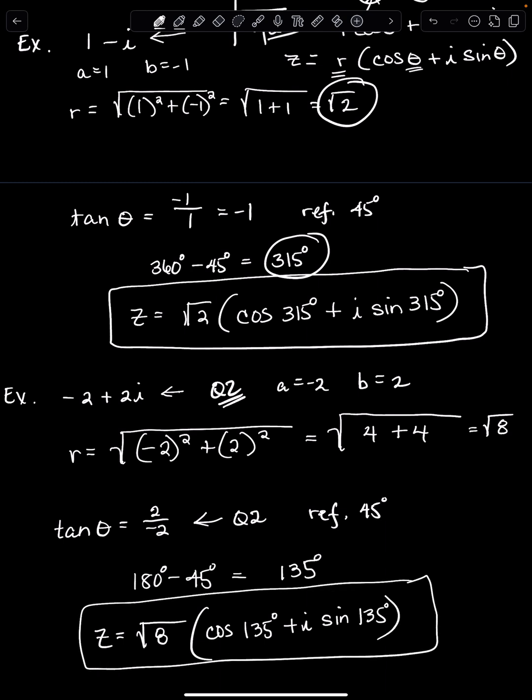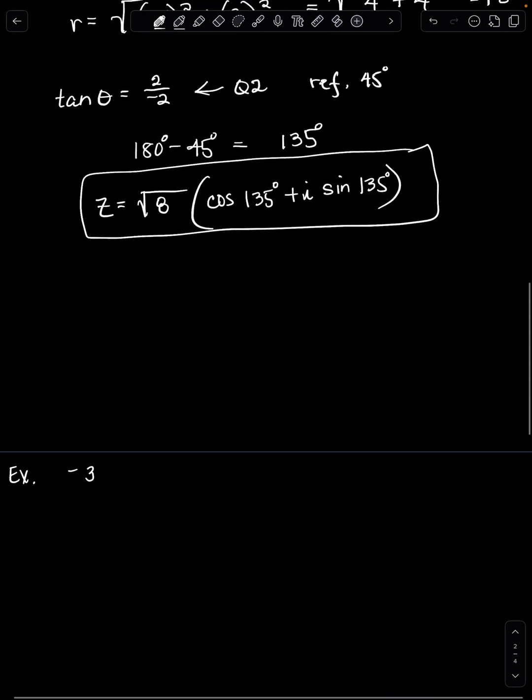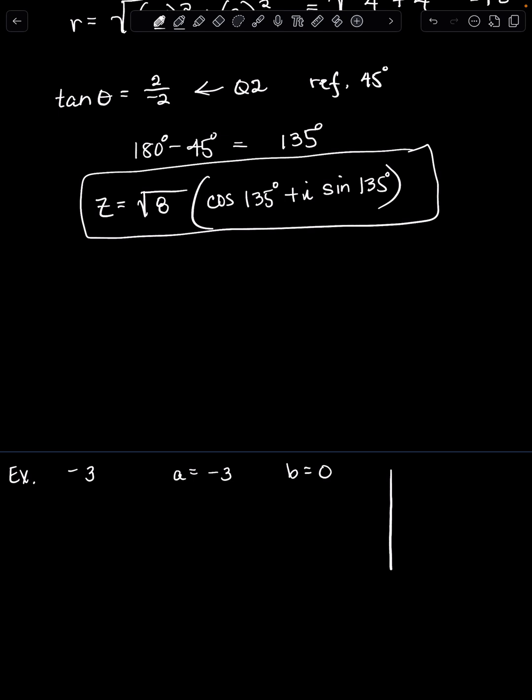Okay, let's do one more. What's a? A is negative 3. What's b? Don't have an imaginary part, so it's 0. And maybe we don't even have to do a lot of work here. Think about if I were graphing this, what it would be.